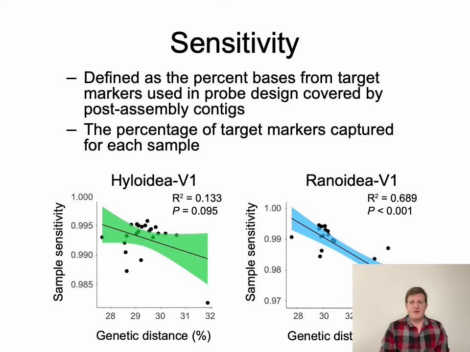This suggests that markers are more likely to be captured when they are more genetically similar to the genome design probe sequence. And more importantly, the results show that the consensus-based design, Hyloidea version 1 on the left, had no relationship, suggesting capture success is explained by another variable or is stochastic, but it is not explained by genetic distance.